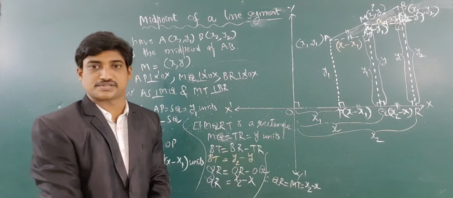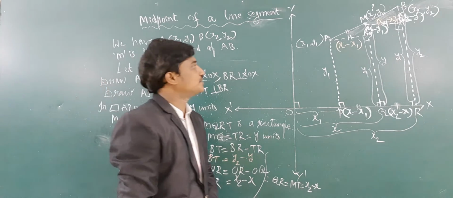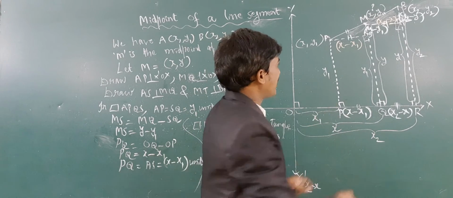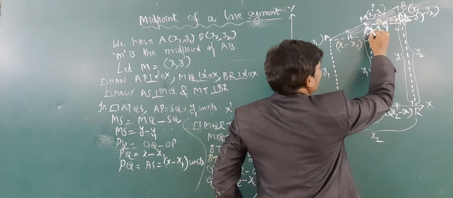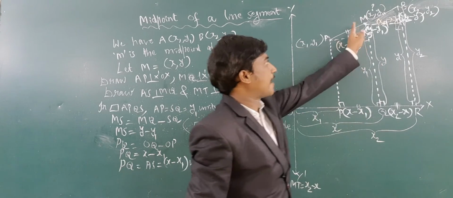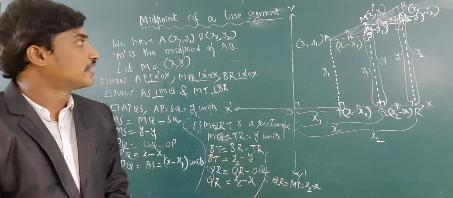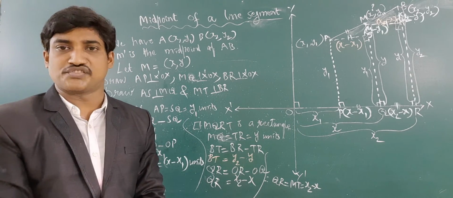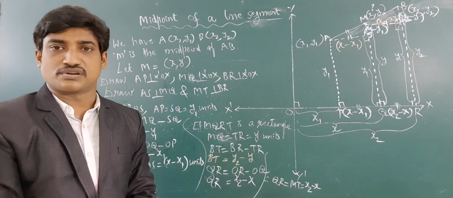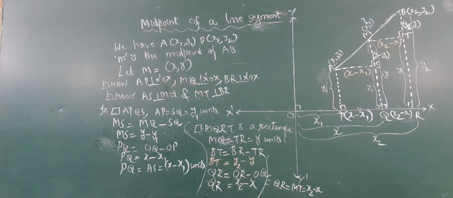x2 minus x units. Now let us compare these two triangles, ASM and MTB. Let us observe these two triangles.